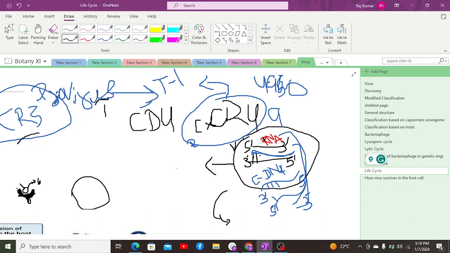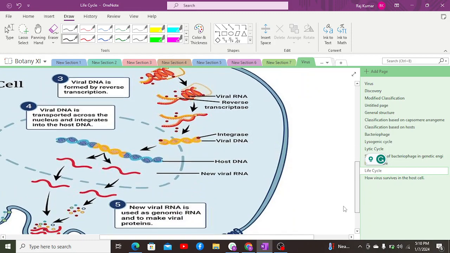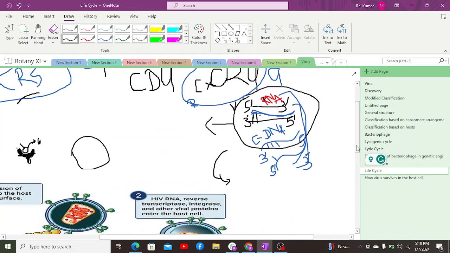In this case, again the same enzyme reverse transcriptase will be utilized, but this time it will act as DNA dependent DNA polymerase rather than RNA dependent DNA polymerase, as a result of which a complementary strand would be formed from 5 prime to 3 prime.